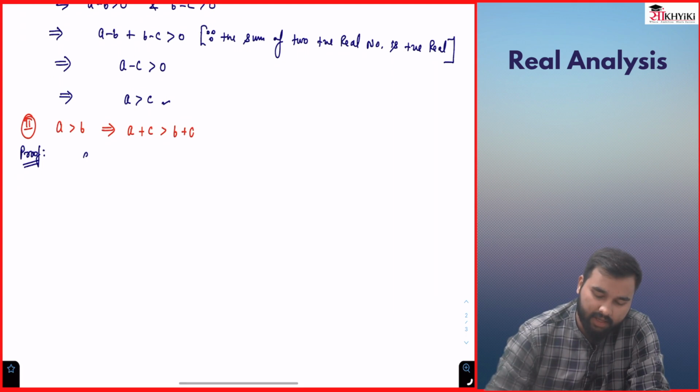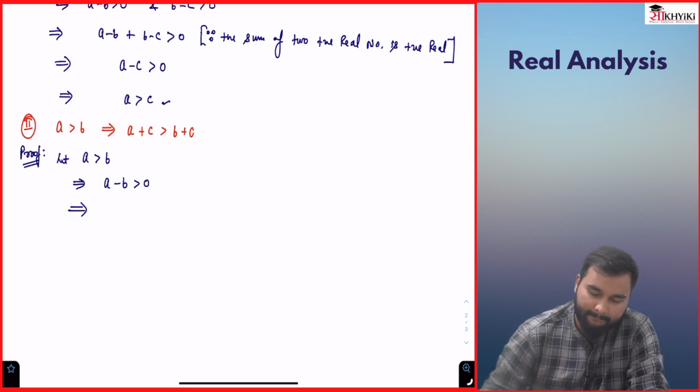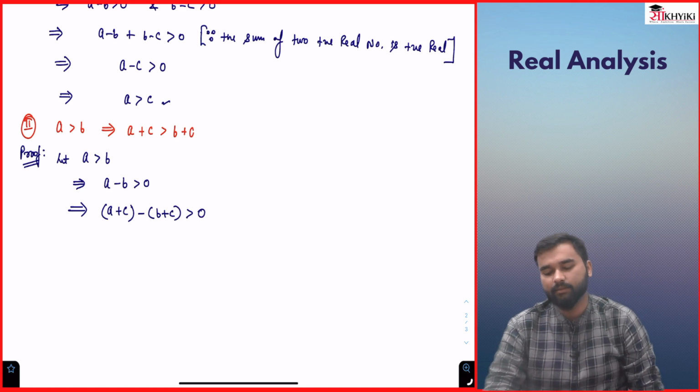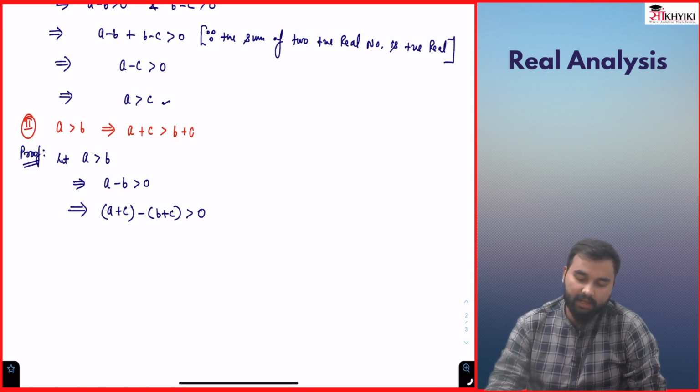Again we have a greater than b. Let a be greater than b. So what can I say? a minus b should be greater than 0. Then if a minus b is greater than 0, a plus c minus b plus c should be greater than 0, since we are adding the same quantity c to both a and b.